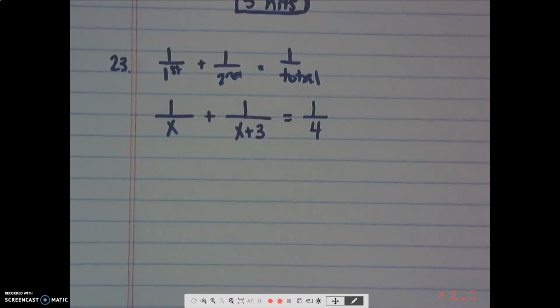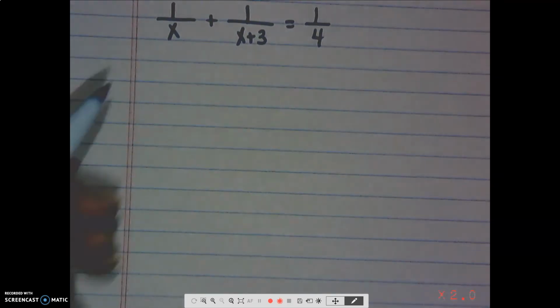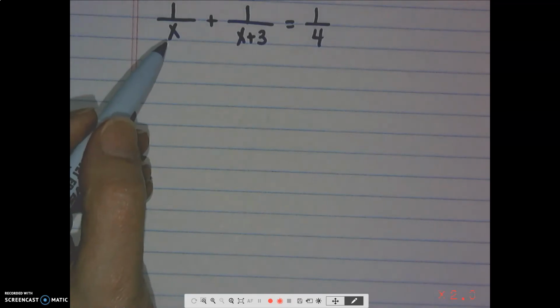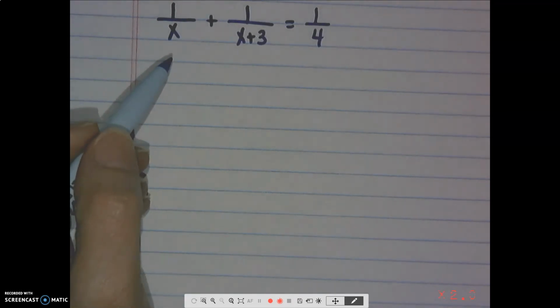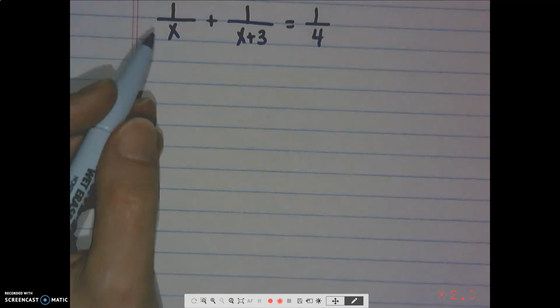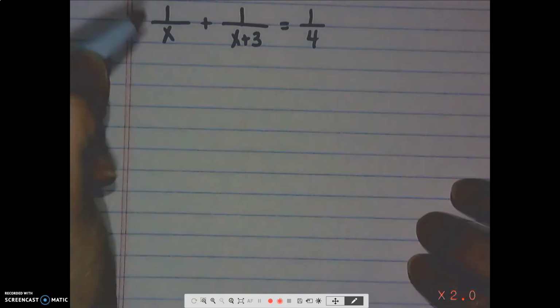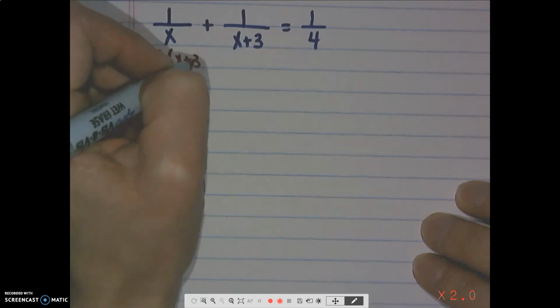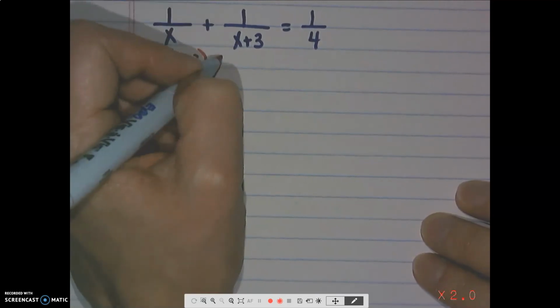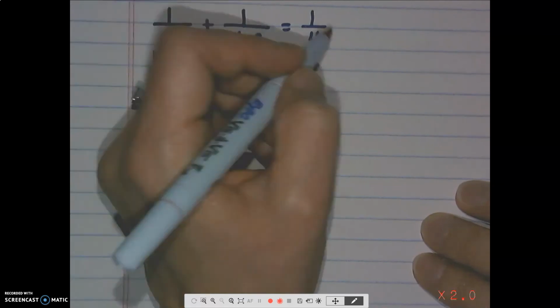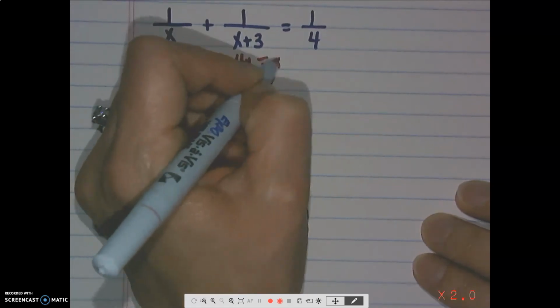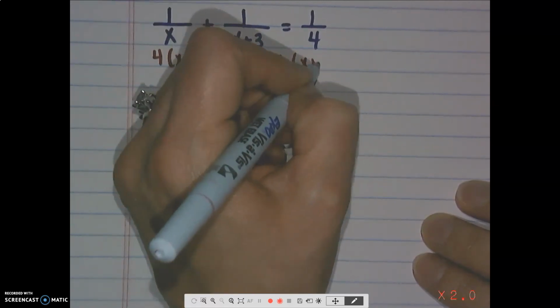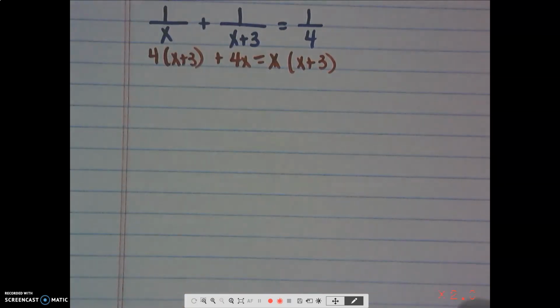Okay, so for this, our common denominator is going to be 4x and x plus 3. So that means that the first fraction is missing 4 and the x plus 3. The second fraction is missing the 4 and the x. And the last fraction is missing the x and the x plus 3. Once you have this, you're going to go through and solve for what x equals.